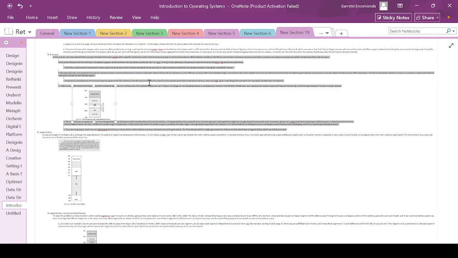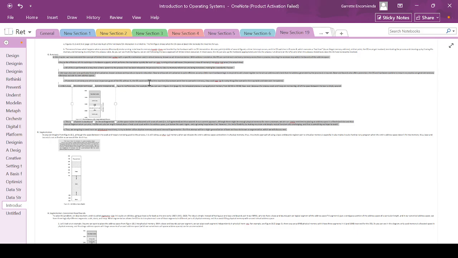Base and bounds virtualization is quite efficient, as only a little more hardware logic is required to add the base register to the virtual address and check the address generated by the process is in bounds.